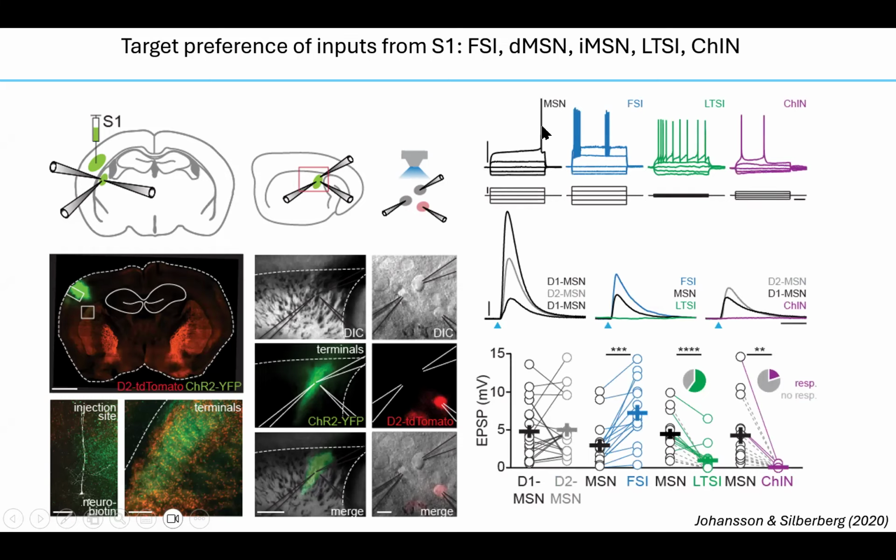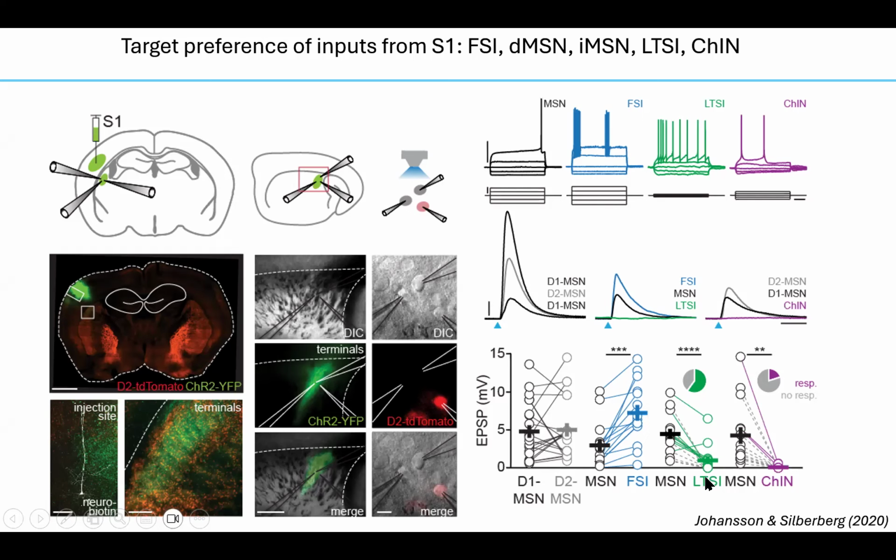We can identify the different types of neurons in the striatum just using their electrophysiological properties or a fluorescent marker, and stimulate the terminals with blue light. There is a synaptic activation, and we can simultaneously compare neurons of different types in the same place, what is the size and what are the properties of the response.